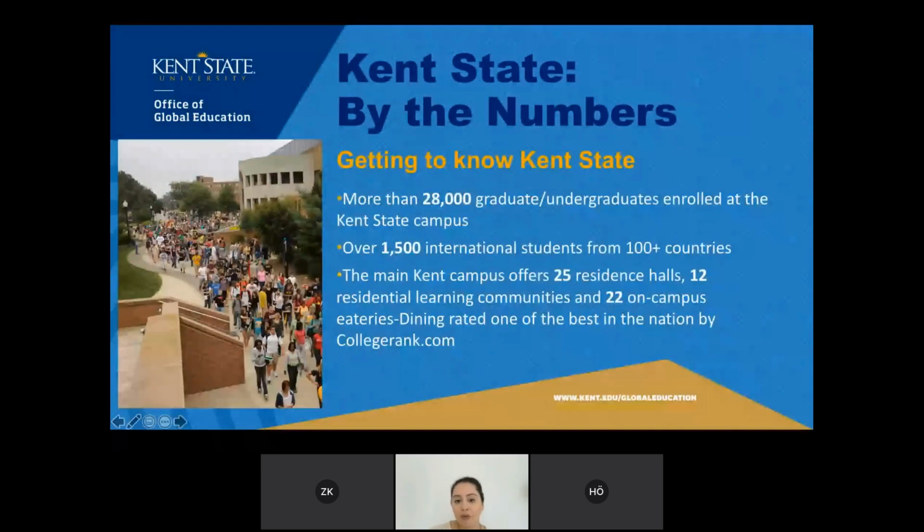We have over 28,000 students enrolled at Kent, so it's a very large university, and we have about 1,500 international students that come from 100 countries. We offer 25 residence halls, 12 residential learning communities, and 22 on-campus eateries or restaurants.